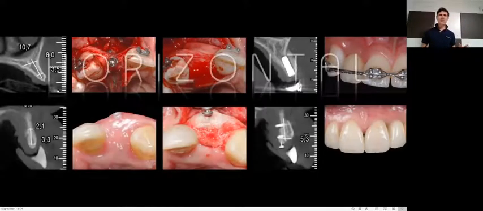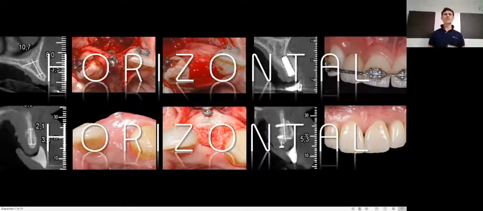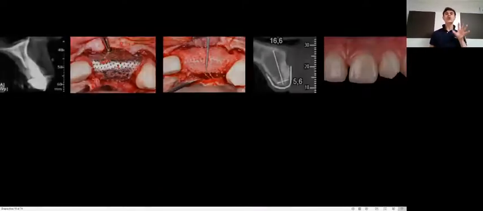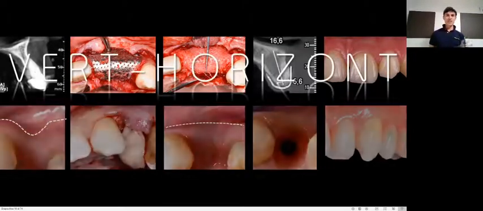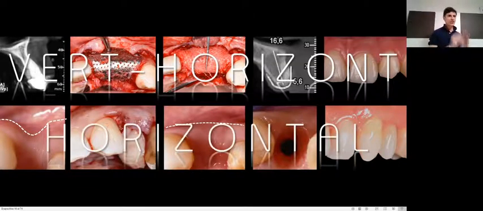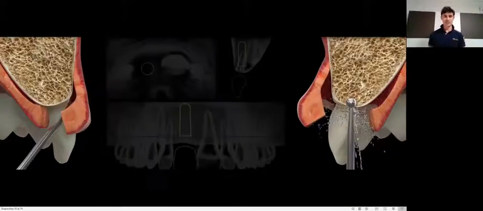So it's not important which kind of horizontal or vertical GBR procedure you do for the restoration of this anterior area. The very important thing is to do something, because we need to prevent and contrast the obvious resorption in the area of the tooth extraction.